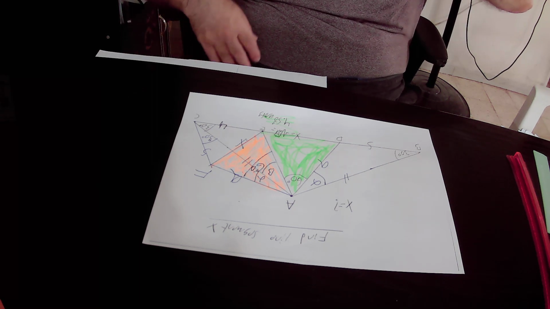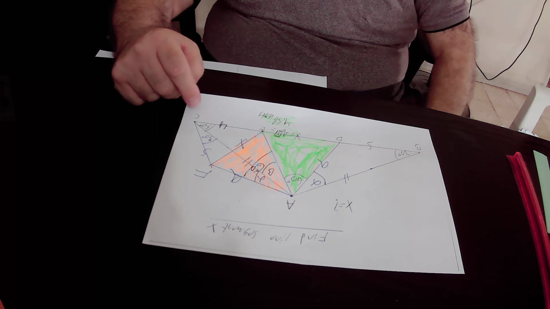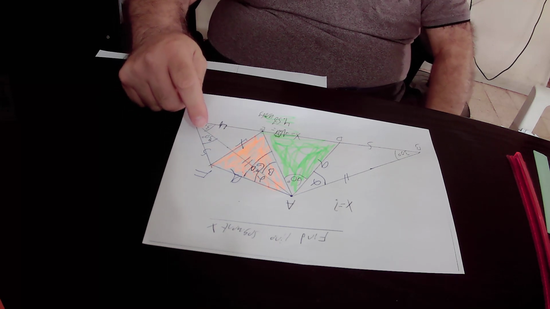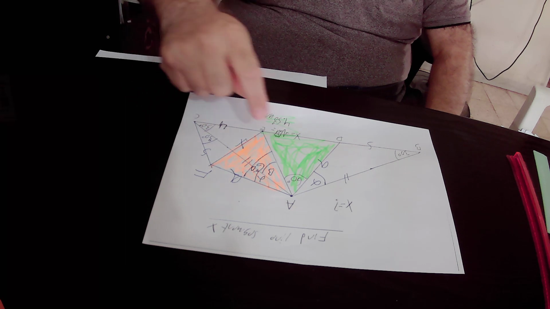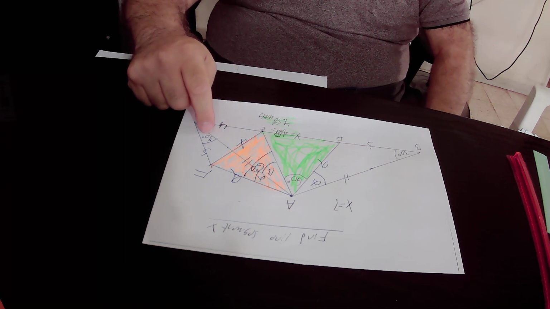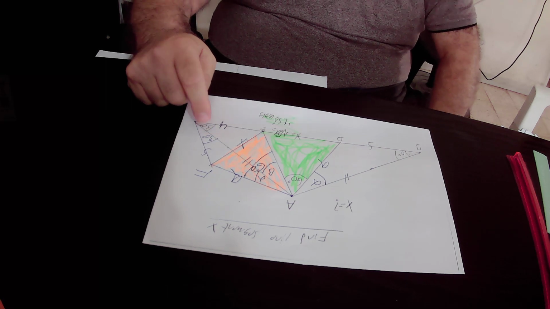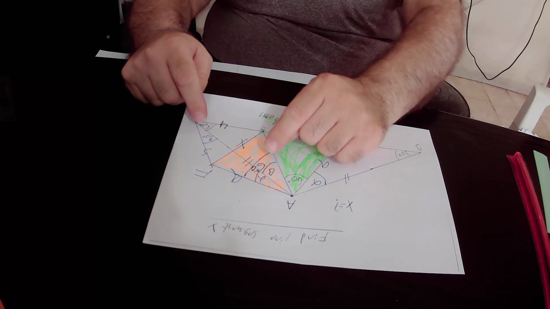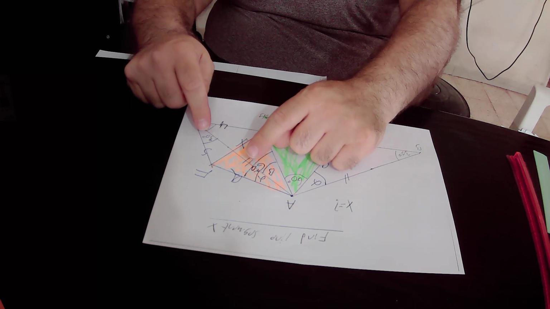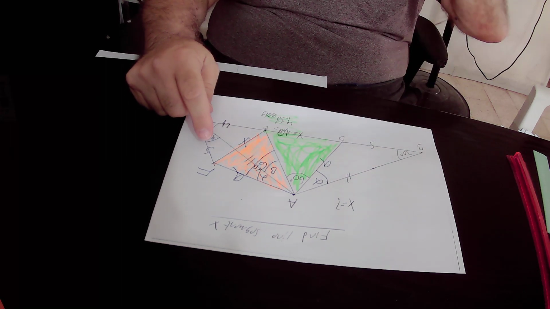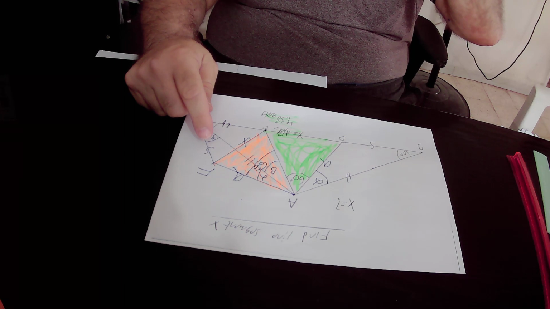Then we did another construction from point C. We draw a straight line in such a way that the angle between the straight line and side AC will be equal to 30 degrees. Again, this angle equals 30 degrees according to our construction. Then we extended the two straight lines until they intersect with each other at point F. Point F is the intersection point of the two straight lines.